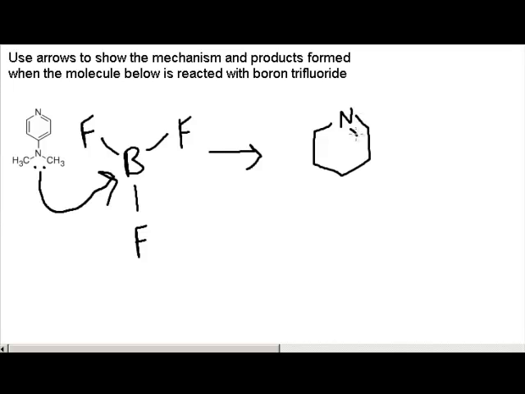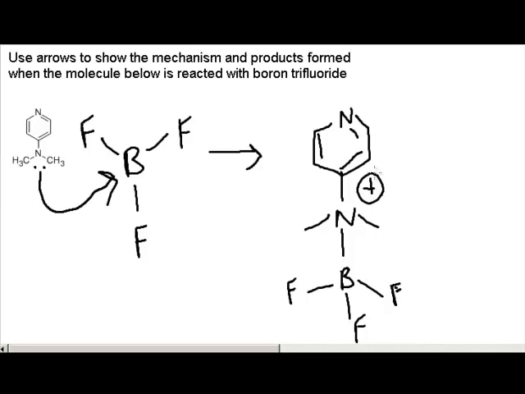When drawing the product, we'll eventually see the bond formed between nitrogen and boron. The nitrogen, now with 4 bonds, would have a positive charge, like we saw last time. The boron, with 4 bonds, unlike its neutral state with only 3 bonds, will be negatively charged because of the added electrons.